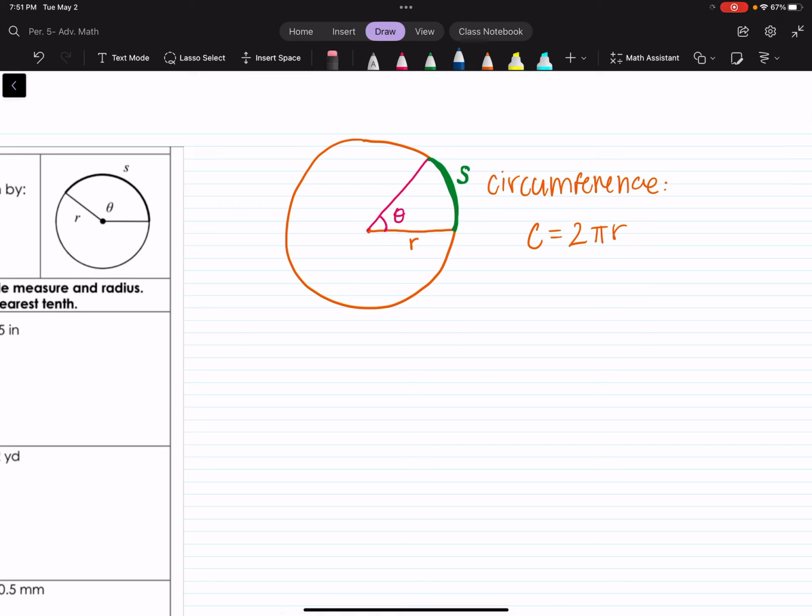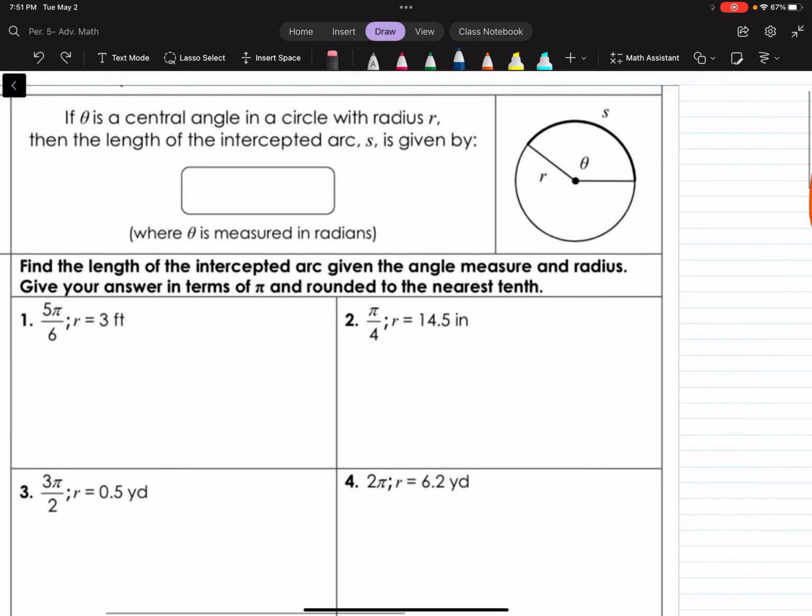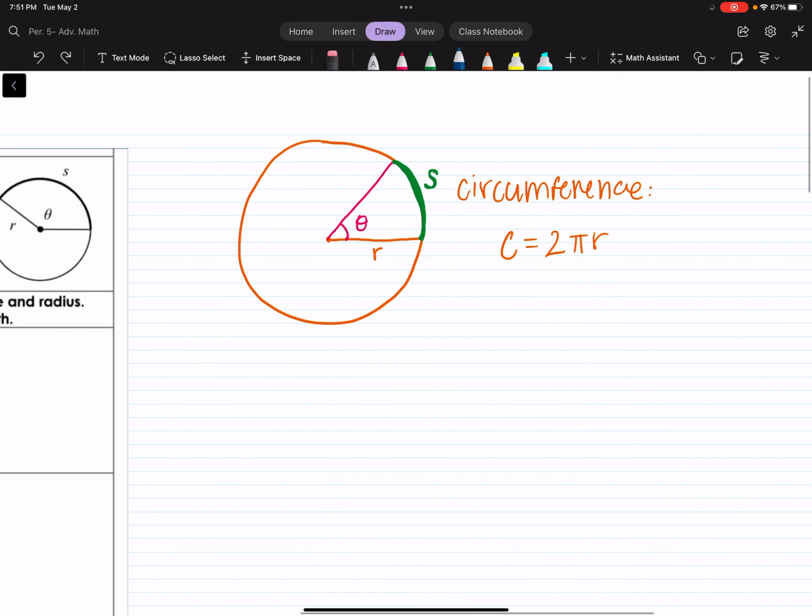We don't want the distance of the entire circle. We only want what's in green. I can just give you the formula, and I will, but I'm going to derive it for you so that you know where it comes from. To understand that, you have to think about the arc length in proportion to the entire circumference and set that equal to your angle theta in proportion to the entire full rotation around a circle.